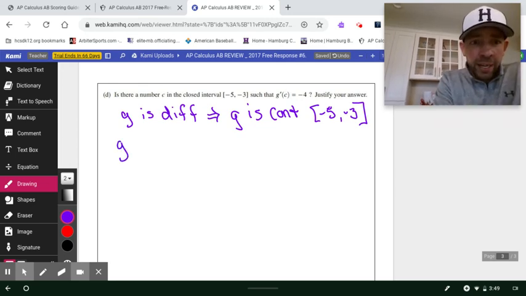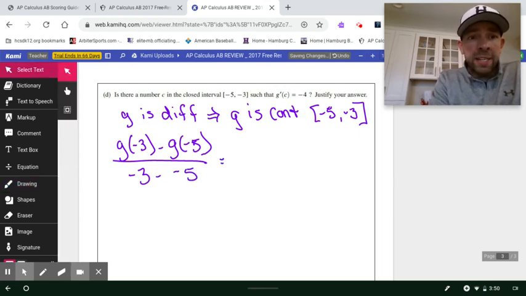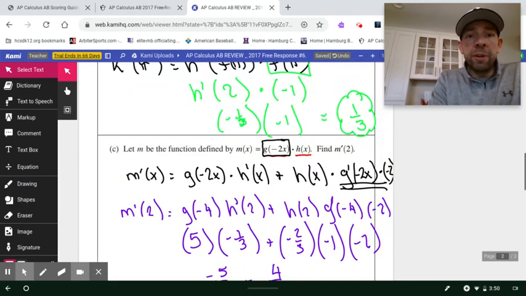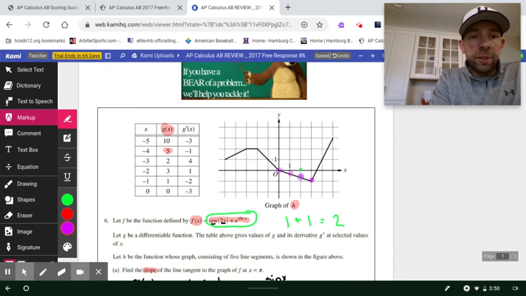That basically means we have permission to go forward and apply the mean value theorem. So I'm going to take a look at G of negative 3 minus G of negative 5 all over negative 3 minus negative 5. Now, we're going to read the values off of that table. So let's scoot up and make sure we grab the right ones. G of negative 3, G of negative 5.